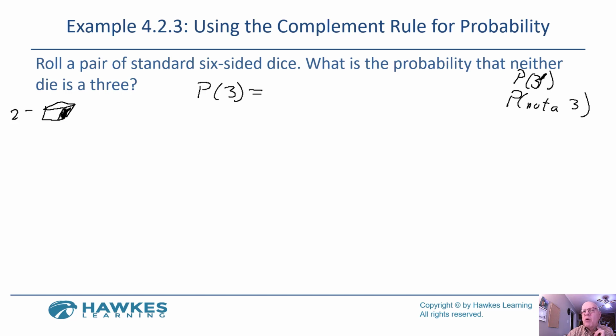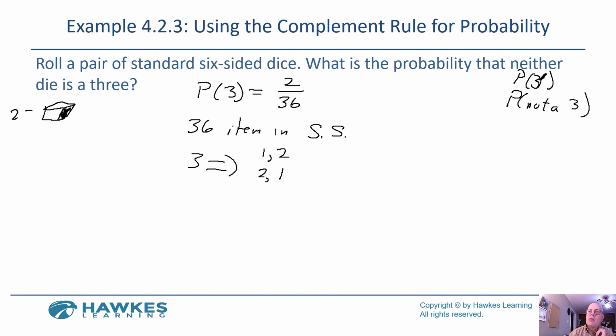We've seen this before. There are 36 items in the sample space. How many ways can you get a 3? You can get a 3 by having a 1 on the first one and a 2 on the second one, or a 2 on the first and 1 on the second. The only 2 ways it can happen. So the probability of 3 is 2 ways out of the total of 36 ways that you can roll a pair of 6-sided dice.